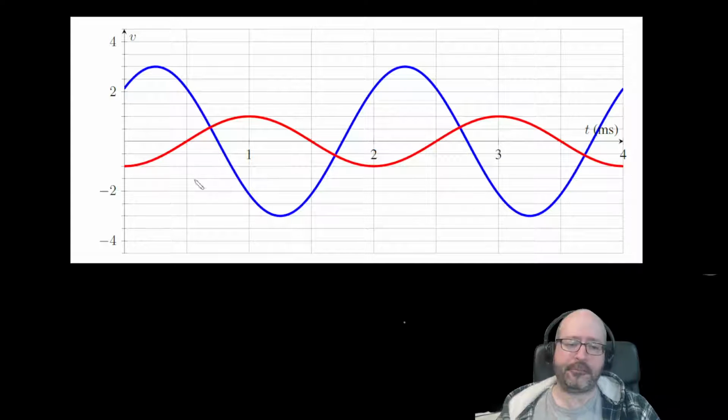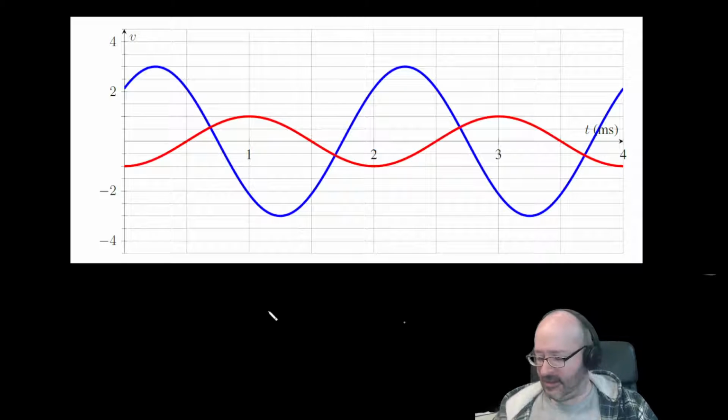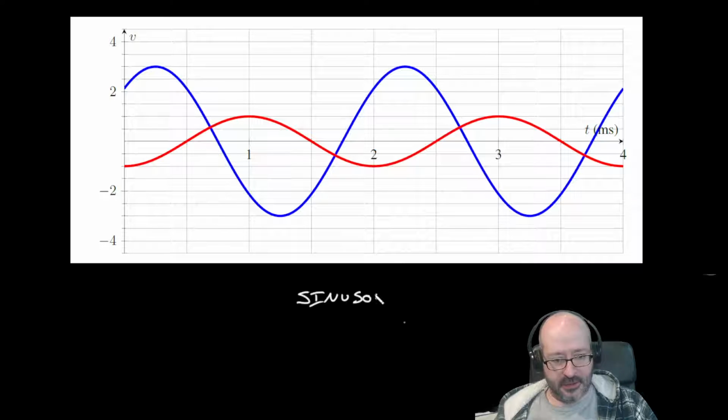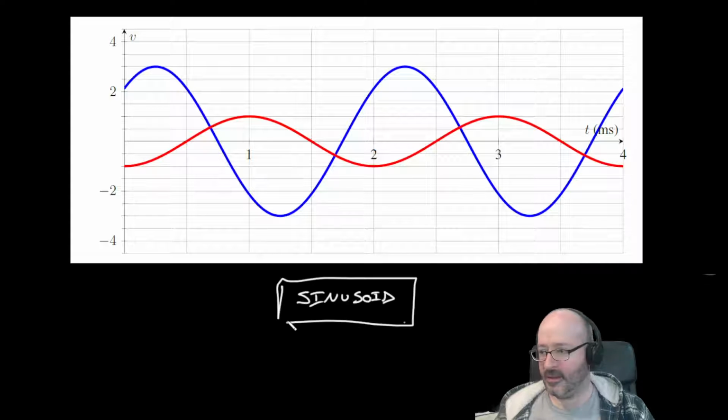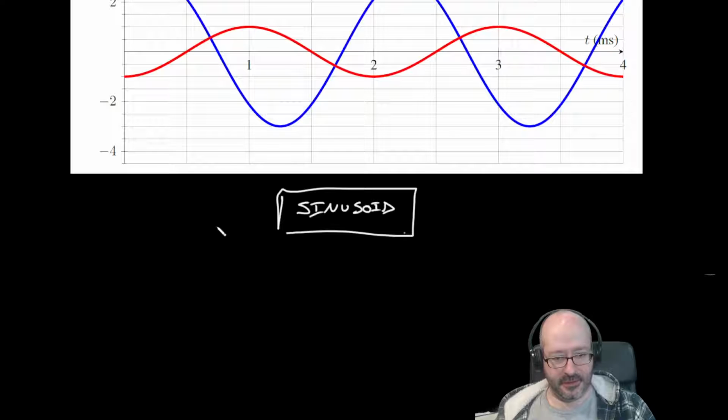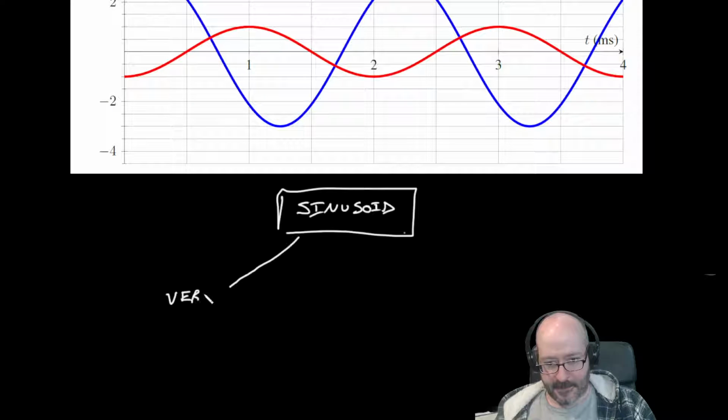Okay, so let's say we're going to have a sinusoid, and we want to talk about the vertical stretch, the vertical size. We want to talk about the horizontal size.